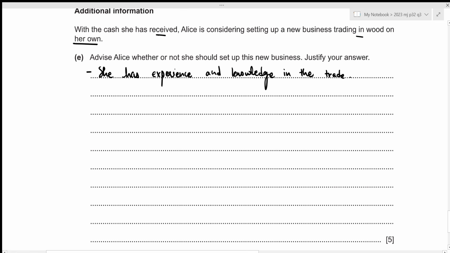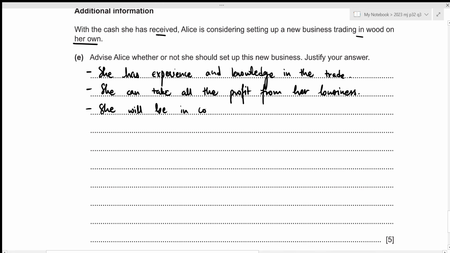So this just means that she can take all the profit from her business. But she will also be a competition for X Limited. So she needs to consider that as well. She will be in competition. This is because they are both involved in trading of wood.